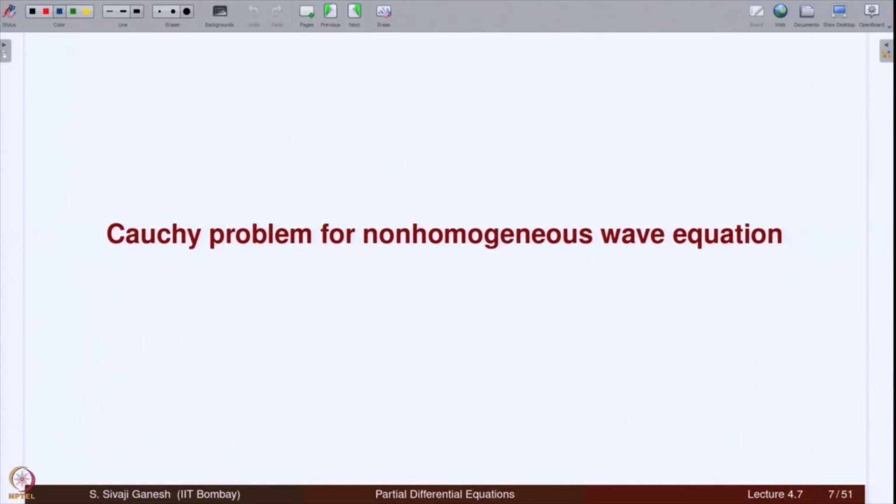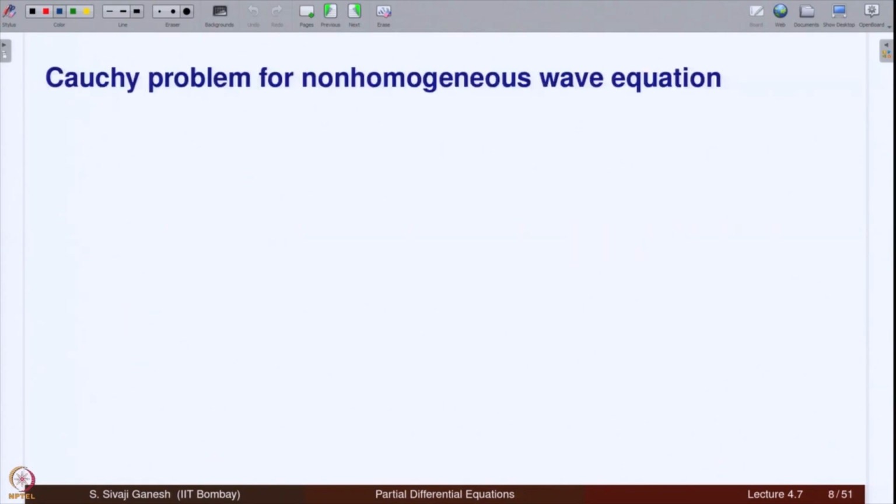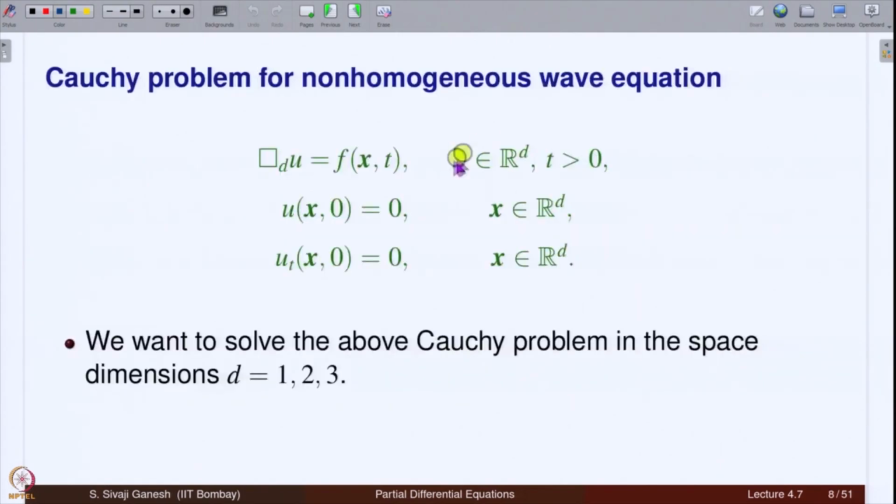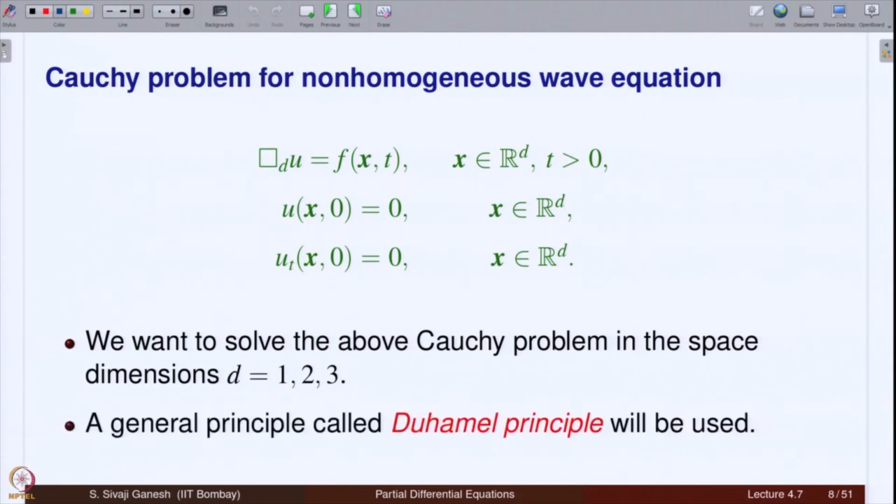So, let us look at the Cauchy problem for the non-homogeneous wave equation with homogeneous data or 0 initial conditions or 0 Cauchy data, and we want to solve this Cauchy problem in dimensions 1, 2, 3, because we are discussing the wave equation only in these 3 dimensions so far.